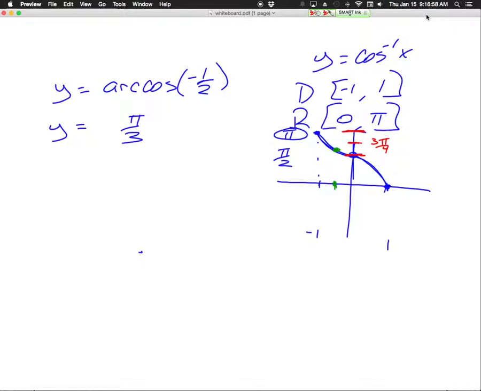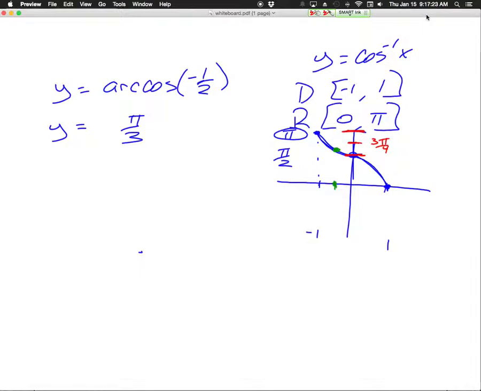What quadrant is between pi over 2 and pi? Quadrant 2. What was the trick to put an angle in quadrant 2? The numerator was 1 less than the denominator. Oh, yeah. Okay? So that's how we know it should be 3 pi over 4.